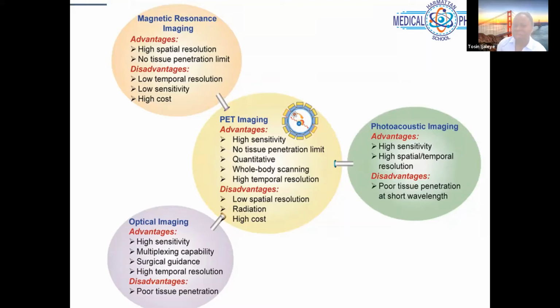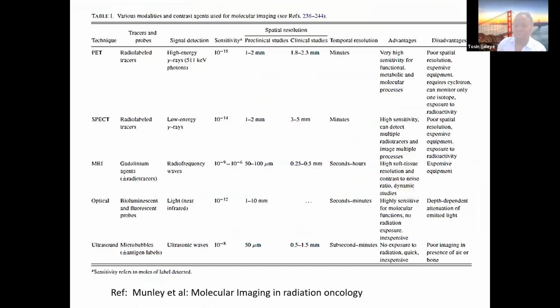It has multiplex capability, meaning that it can combine with other equipment at the same time to help imaging. It also helps in surgical guidance and has high temporal resolution, but it has poor tissue penetration. You can see the various disadvantages and advantages of these modalities in molecular imaging.